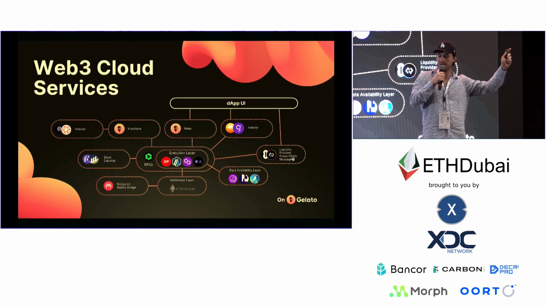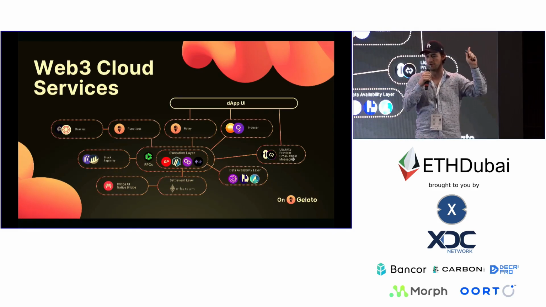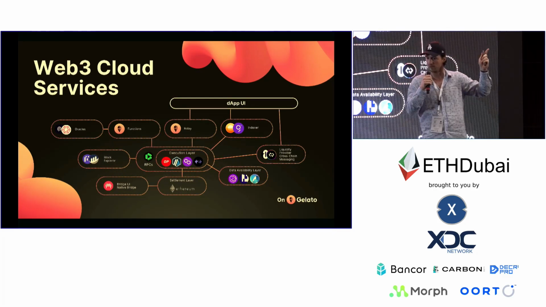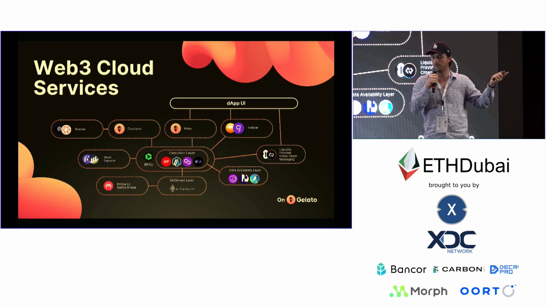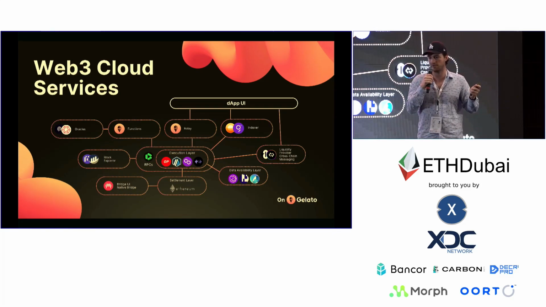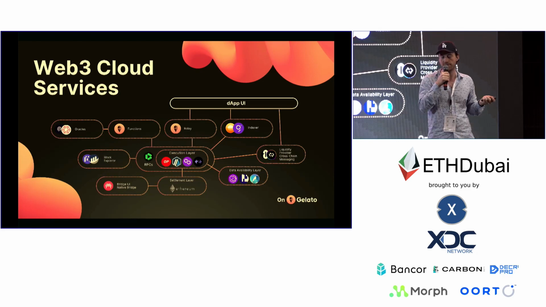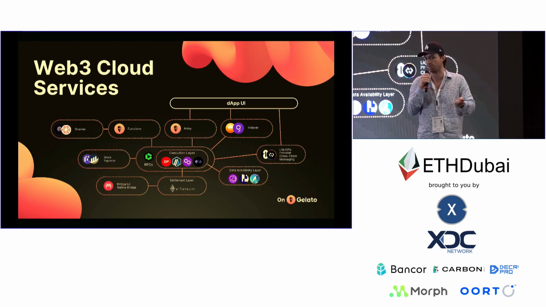And now we're really adding the layer that sets Gelato apart from every other rollup as a service provider out there, which is, okay, you also need a bunch of other essential Web3 services beyond the basic ones to really build great applications. So for example, we have functions. If you know AWS, this is AWS Lambda basically, or if you are with GCP, I think their thing is called Cloud Run or something.